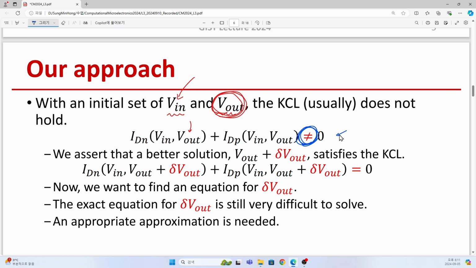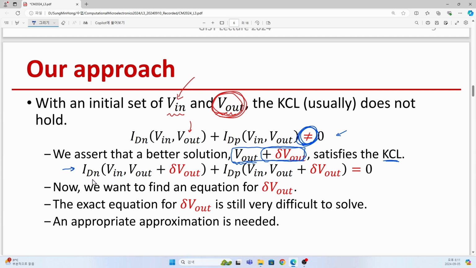So yes, in this case, it was a failure of our solution procedure. However, we wanted to improve this situation by adding a correction to our V out, our solution. Now we believe that this is a much better solution. And when we insert this sum of the current value and update value, then it satisfies the KCL. If it is really the case, then we will have this expression.